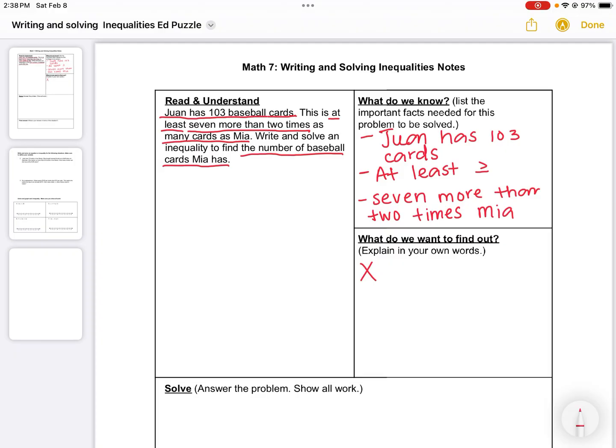So X should equal the number of cards Mia has. That should be it for what do we want to find out. We defined our variable.